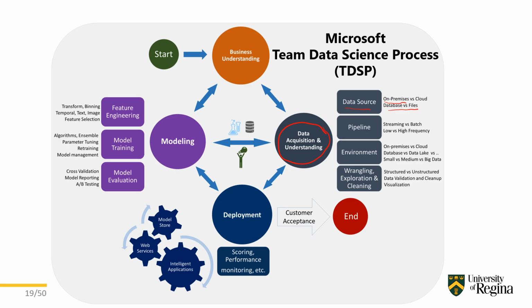If there is real-time data, you need to make sure that you have the required pipeline. Streaming data or batch data are the different options you have here. On-premises means the data is in the company itself. Cloud means the data is actually in a cloud environment, which is a data center. A cloud is basically a data center.